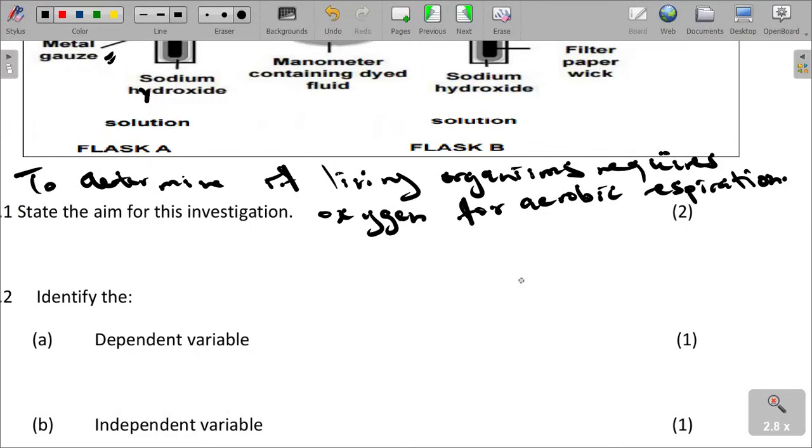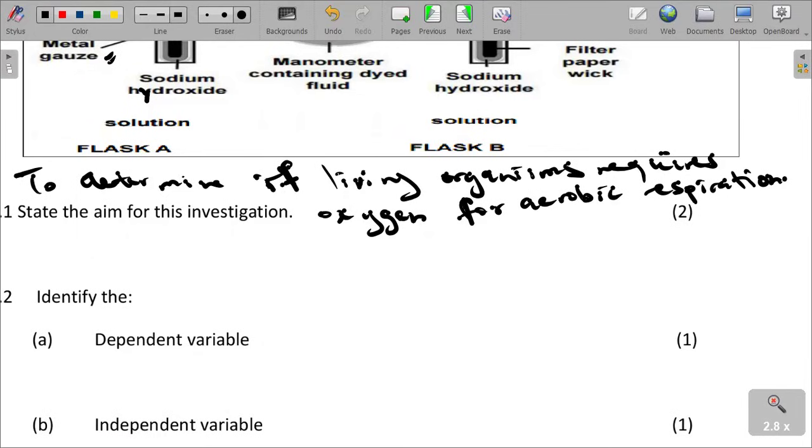The setup of the apparatus gives all the answers that we are seeing here. Determine if living organisms actually require oxygen for aerobic respiration.